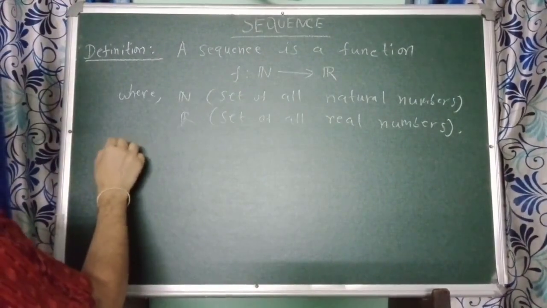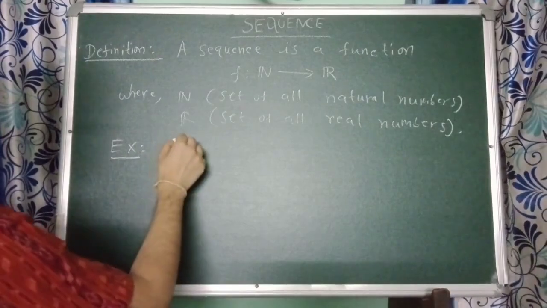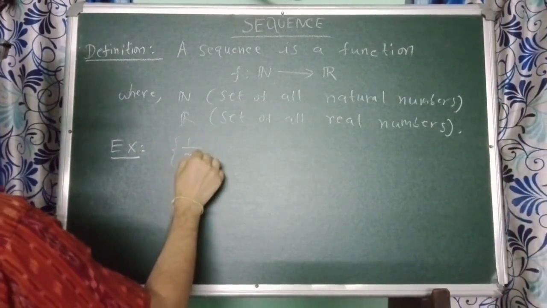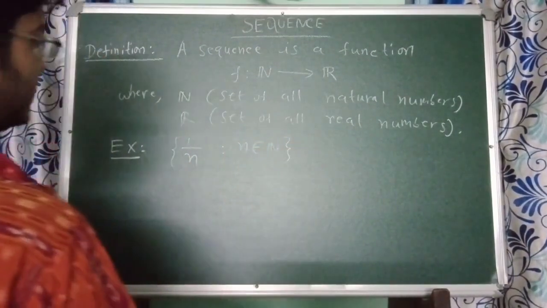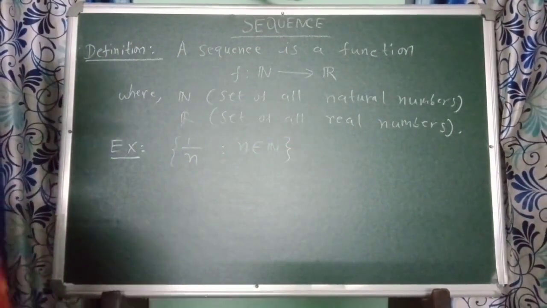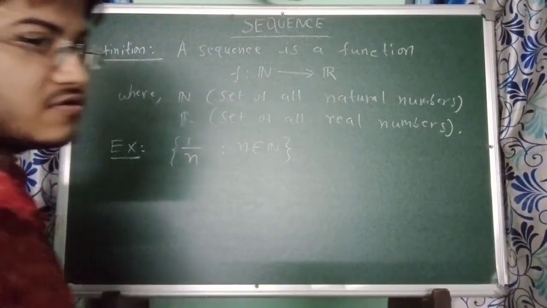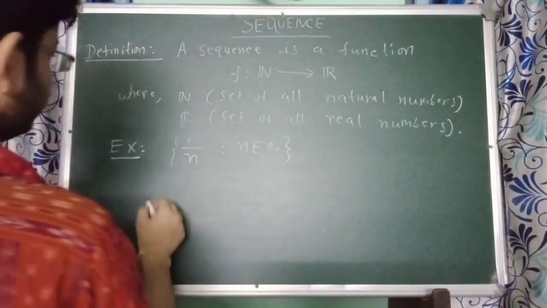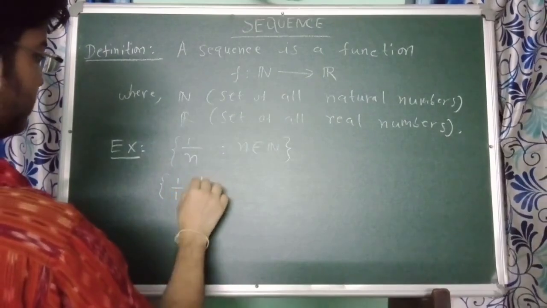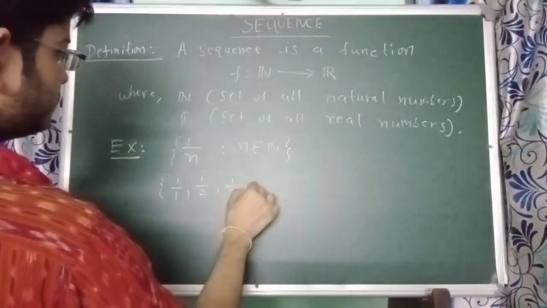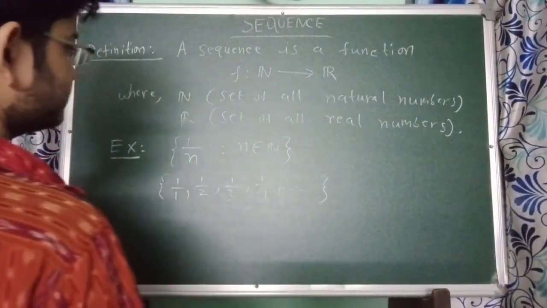Next, we give some examples. For example, 1 by n, such that n belongs to the natural numbers. In this case, n varies over 1, 2, 3, 4 and so on. So we get the sequence 1 by 1, 1 by 2, 1 by 3, 1 by 4 and so on.